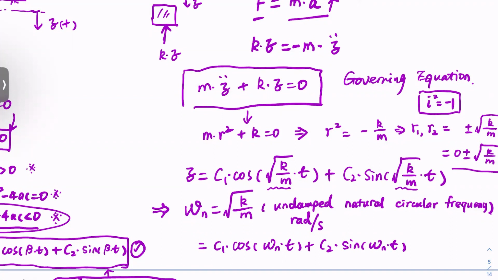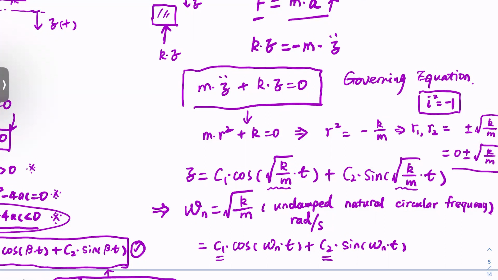The movement of that little mass is going to be a sinusoidal function of t, because you have cosine and sine, all with omega n. But again, this is the general solution. The differential equation gives you the general solution, but we still have two unknowns, C1 and C2.